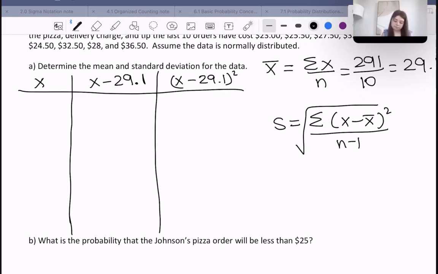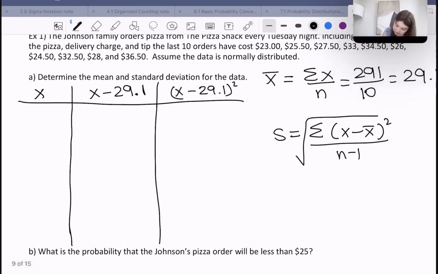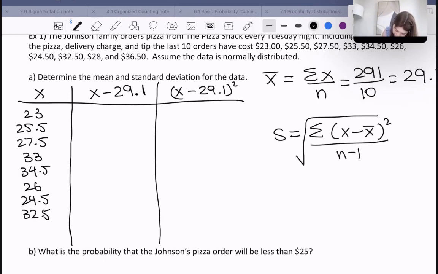Okay, so how much did the orders cost? They cost $23, 25.5, 27.5, 33, 34.5, 26, 24.5, 32.5, 28, and 36.5, right? So those are the answers about how much did it cost.